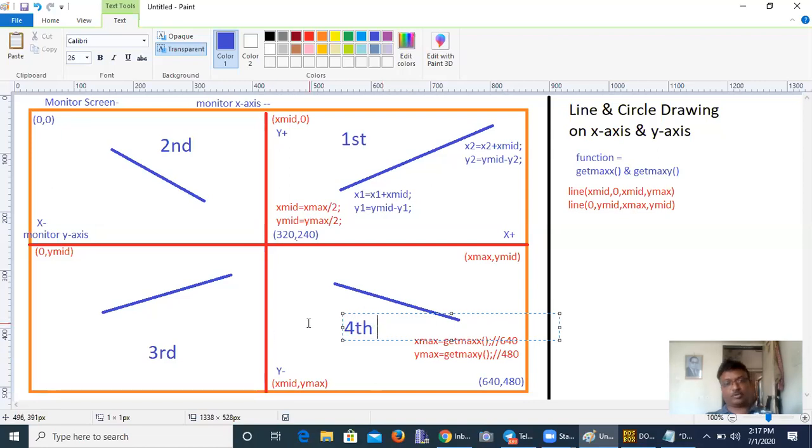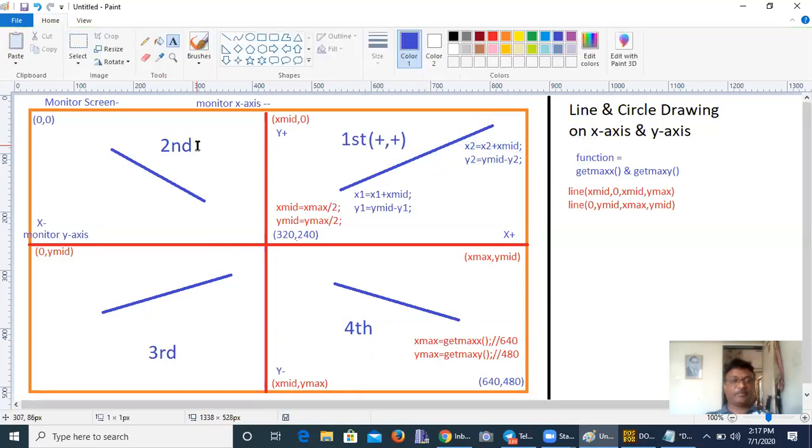So the user may enter here, what are the values? Both are positive, so plus comma plus. So the user may enter plus plus values, and that should appear in plus plus, because this is my first quadrant.